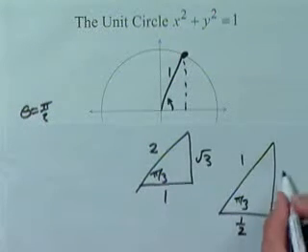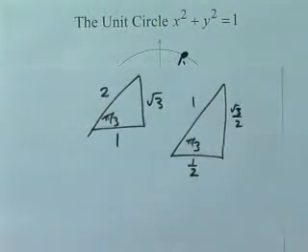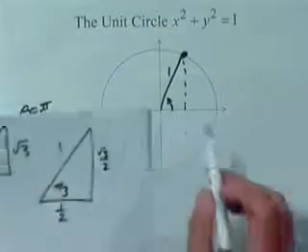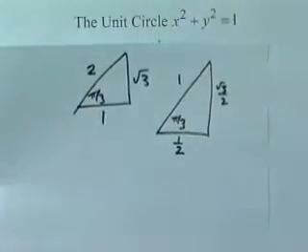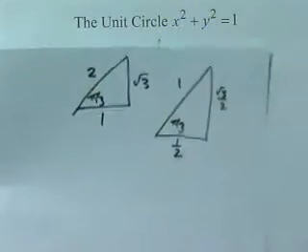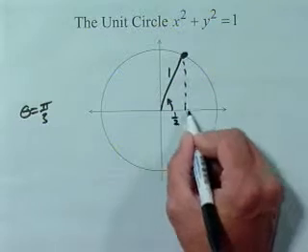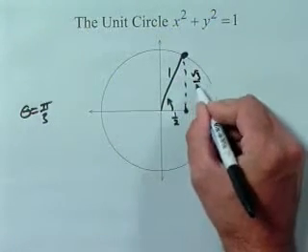And square root 3 times a half is square root of 3 over 2. So there are my corresponding sides to this right triangle. We just used the fact that we knew what the standard pi thirds right triangle looked like. So that means that this x-coordinate is a half, and this y-coordinate is square root of 3 over 2.